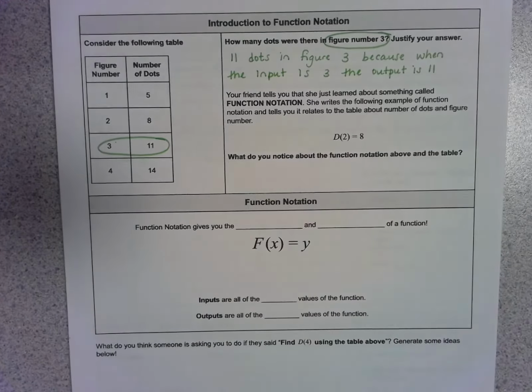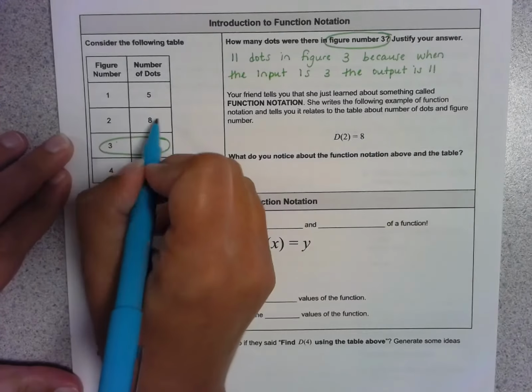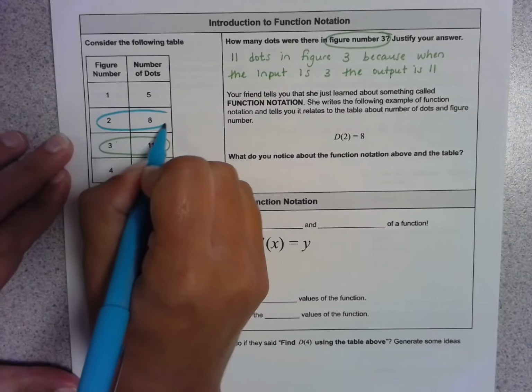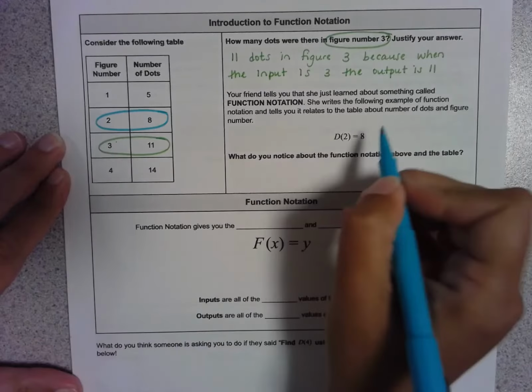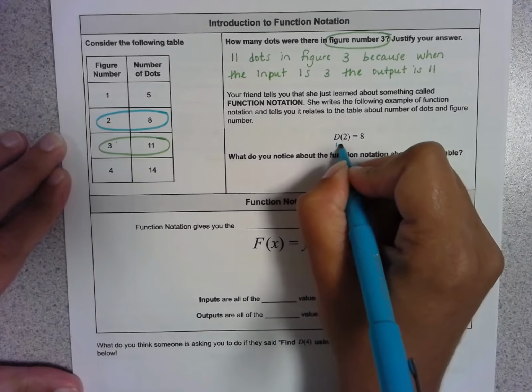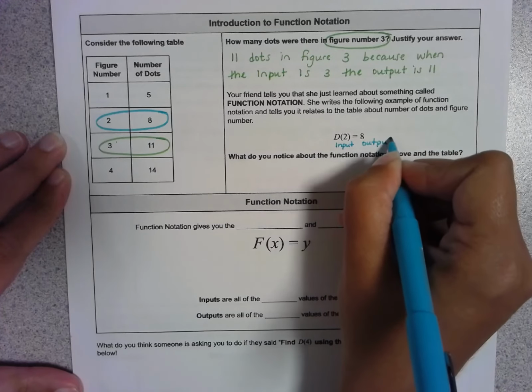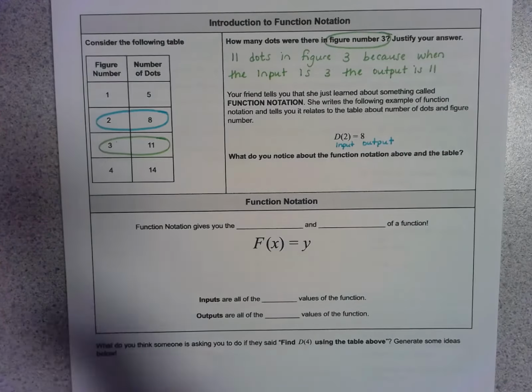In order to understand this notation, it's going to be really helpful to think about where else we see a 2 and an 8. If we look in the table, we should notice that when the input is 2, the output is 8. And that's the same thing we're seeing here. Now, what does the D mean?